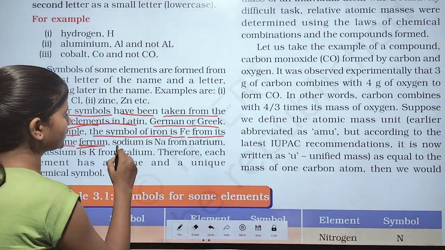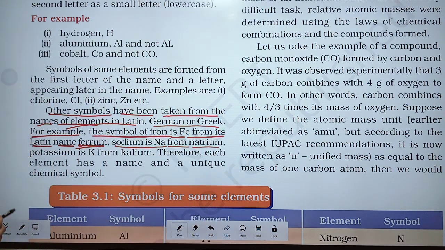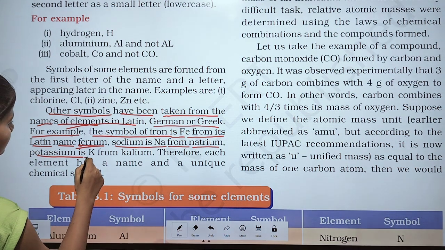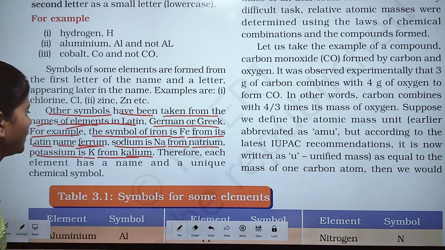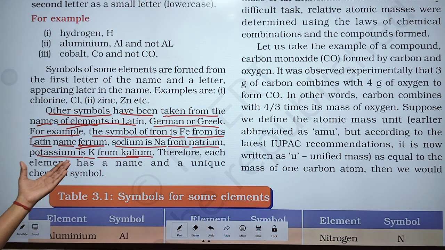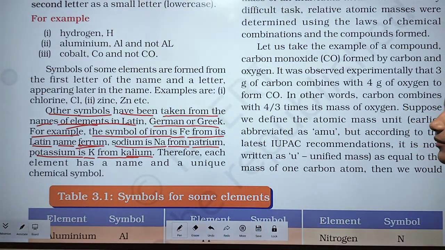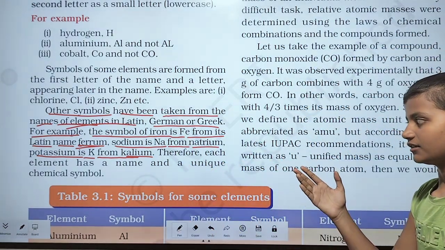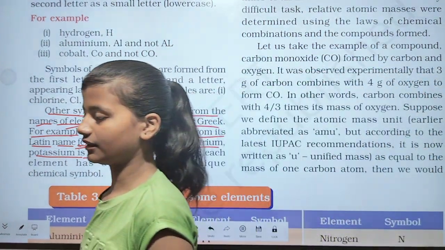Sodium is Na from natrium, and potassium is K from kalium. These are the Latin words of the elements.